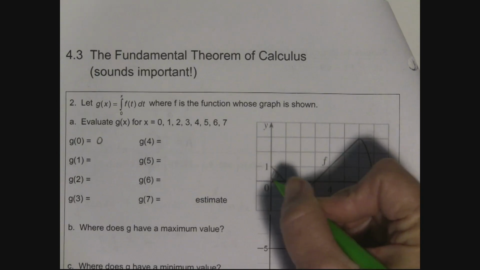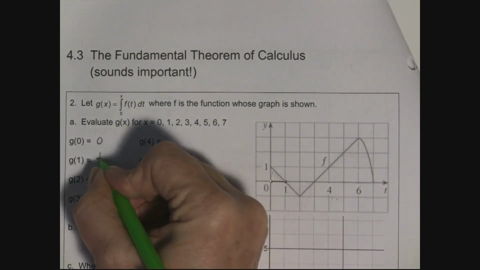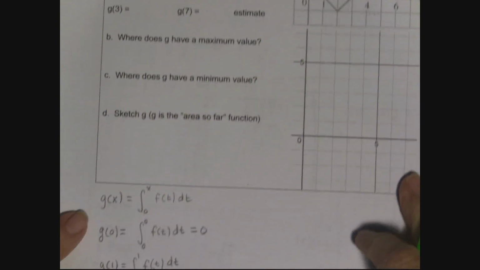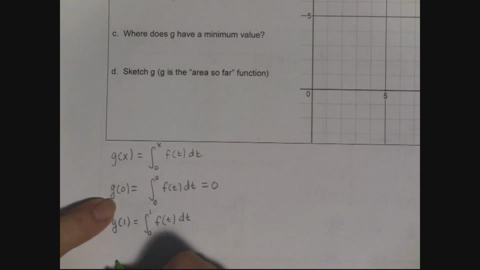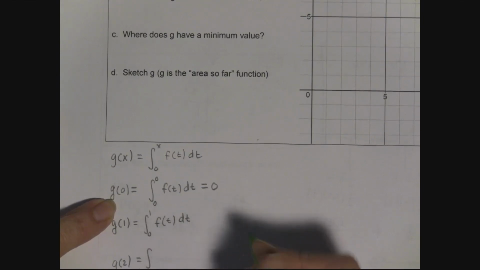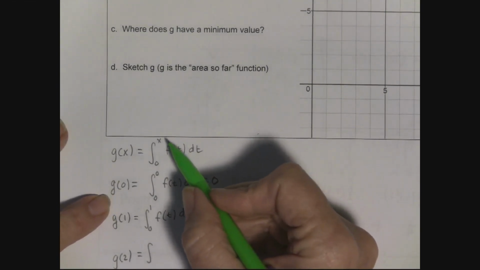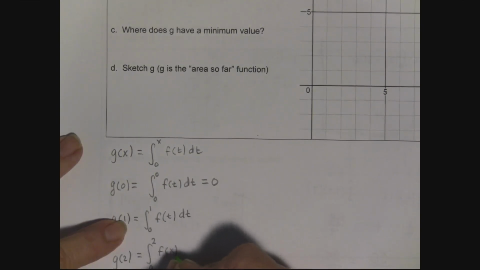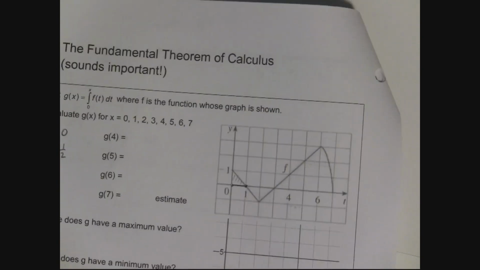So this area is half. And then g at 2, so I'm going to go down here and find g at 2. So g at 2 is the integral, and remember, everywhere you see x, you're going to put 2, so this is 0 to 2 of f of t dt. And I'm going to have to find this area using my chart over here.